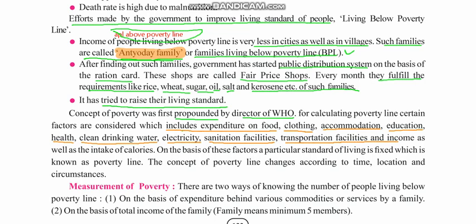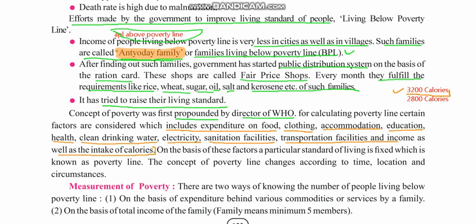So these are some of the factors on which it is calculated, along with income and intake of calories. Now how much intake does a person take? Usually a person in villages takes about 30 to 100 calories.